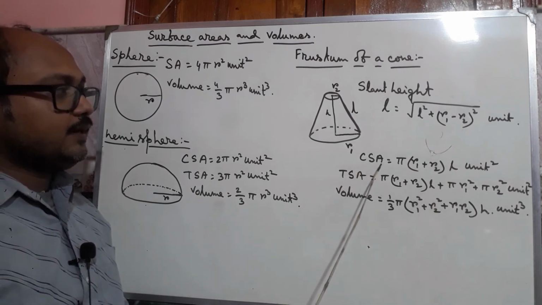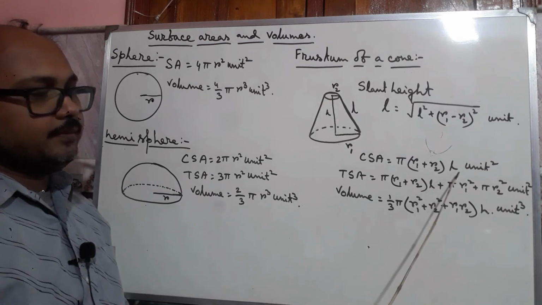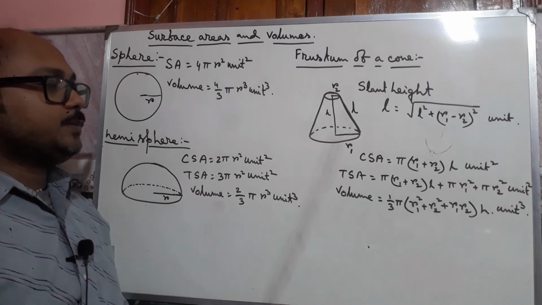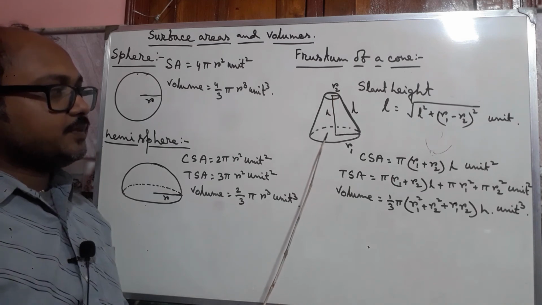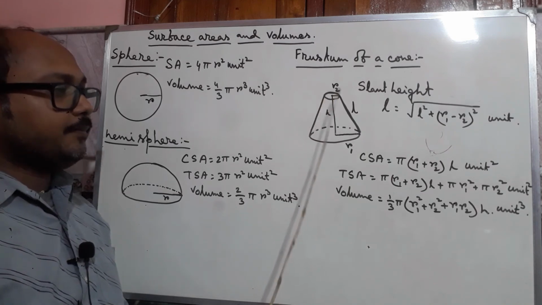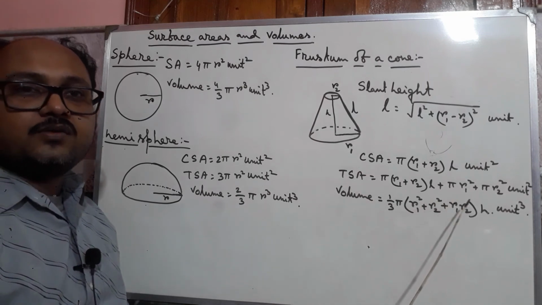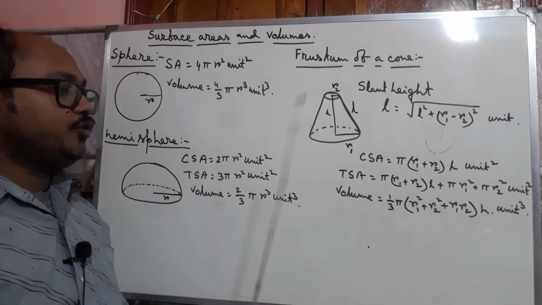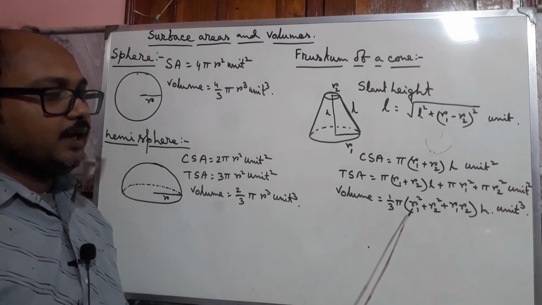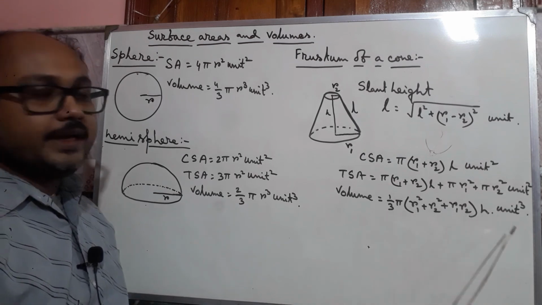Curved surface area, that is pi (r1 plus r2) into L unit square. Total surface area, that is curved surface area plus the area of the base and the area of the top, that is pi (r1 plus r2) into L plus pi r1 square plus pi r2 square unit square, and the volume will be 1/3 pi (r1 square plus r2 square plus r1 r2) into h unit cube.